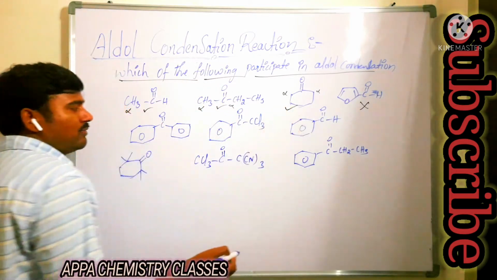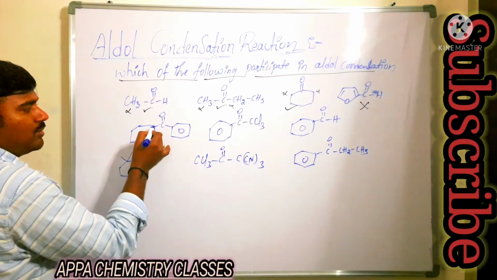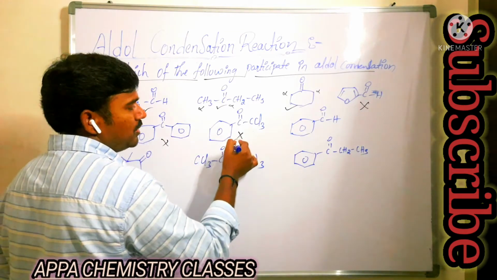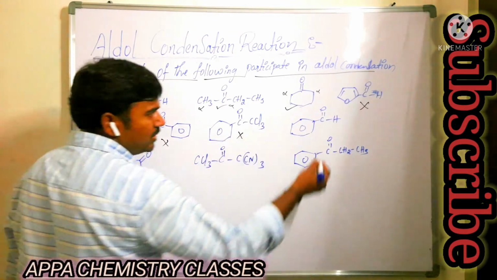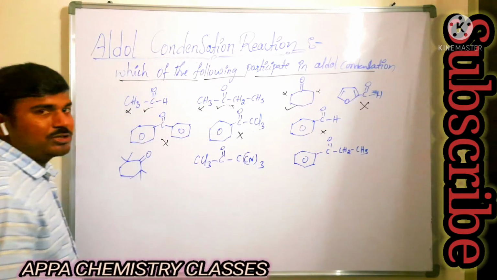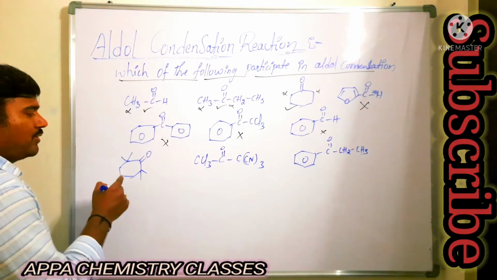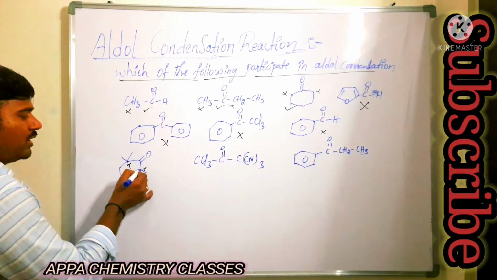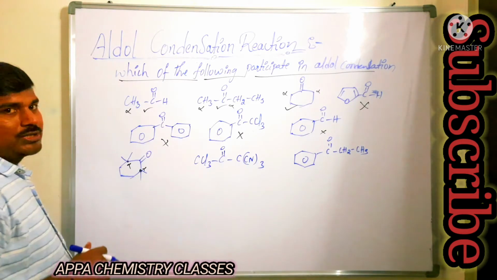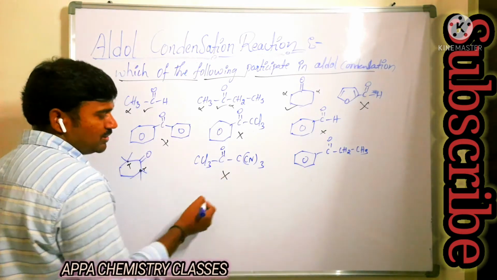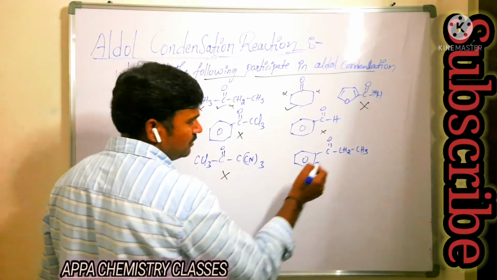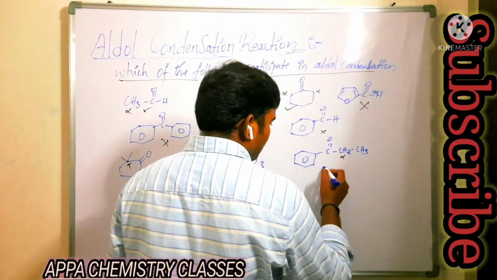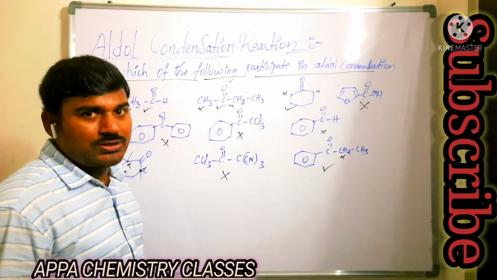Here also, no participation because there are no alpha hydrogens. Benzaldehyde also does not participate in aldol condensation. In this case, this is an alpha carbon and this is also an alpha carbon, but these carbons do not have any alpha hydrogens, so they will not participate. Now in this case, this carbonyl compound has an alpha hydrogen, so it participates in aldol condensation. Is that clear?